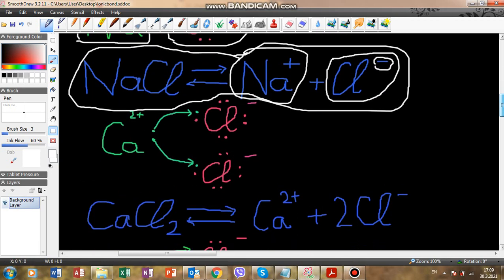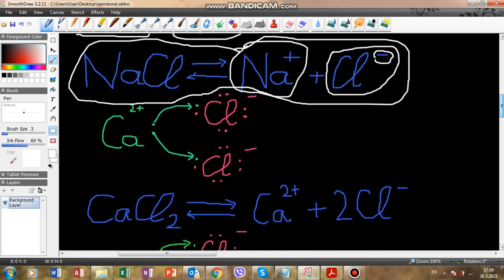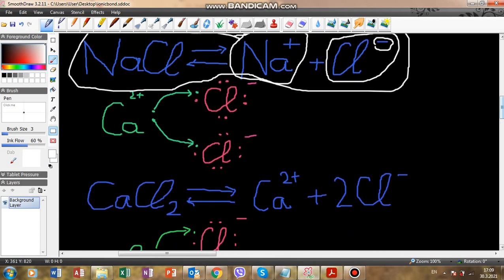So let's see some other examples of ionic compounds. For example, here we have calcium chloride. The only difference between sodium chloride and calcium chloride is the calcium atom, which has 2 outer shell electrons, and each of those outer shell electrons is transferred, 1 electron to one chlorine atom and the second one to another chlorine atom.